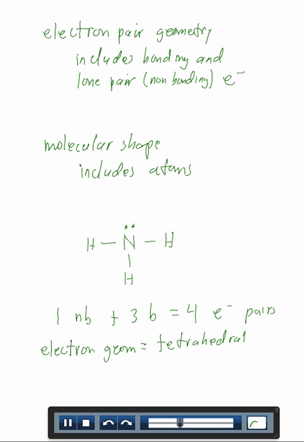But what about the molecular shape? Well, if the electron pair is tetrahedral, then if we drew the molecular shape, 1 hydrogen would be coming out at us, the other 2 hydrogens would be going away from us behind the paper.